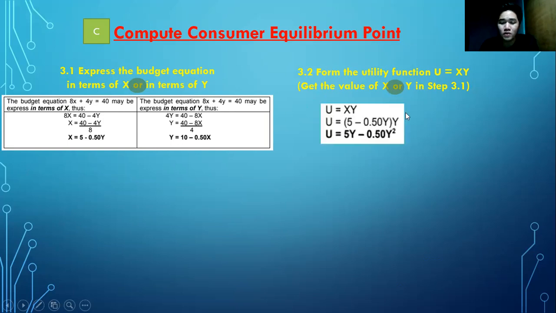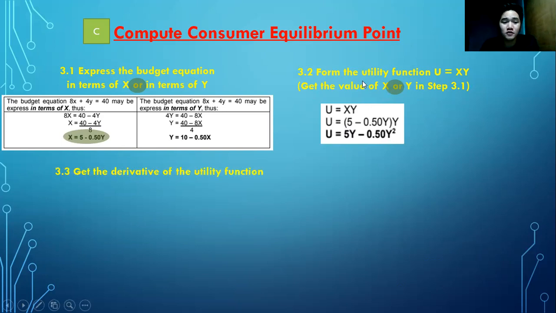Then yung magiging pinaka-solution natin is yung nakuha natin dito, yung value ni x or the equation ni x, which is 5 minus 0.5y. Times mismo sa y, kasi as if ito yung x or term ni x. Diba? Ngayon is i-distribute mo lang yung y dyan. Kaya ang magiging sagot is 5y minus 0.5y squared. Okay? So that is the utility function.